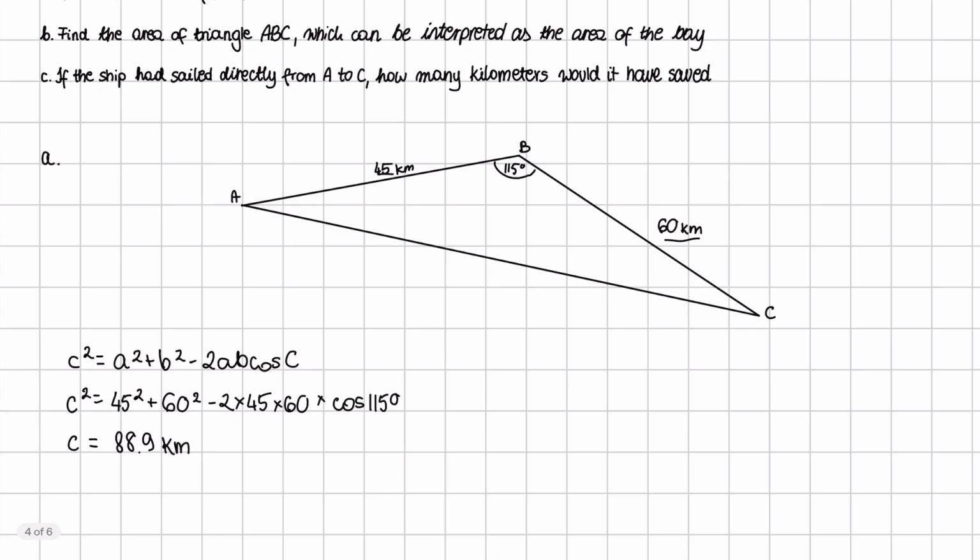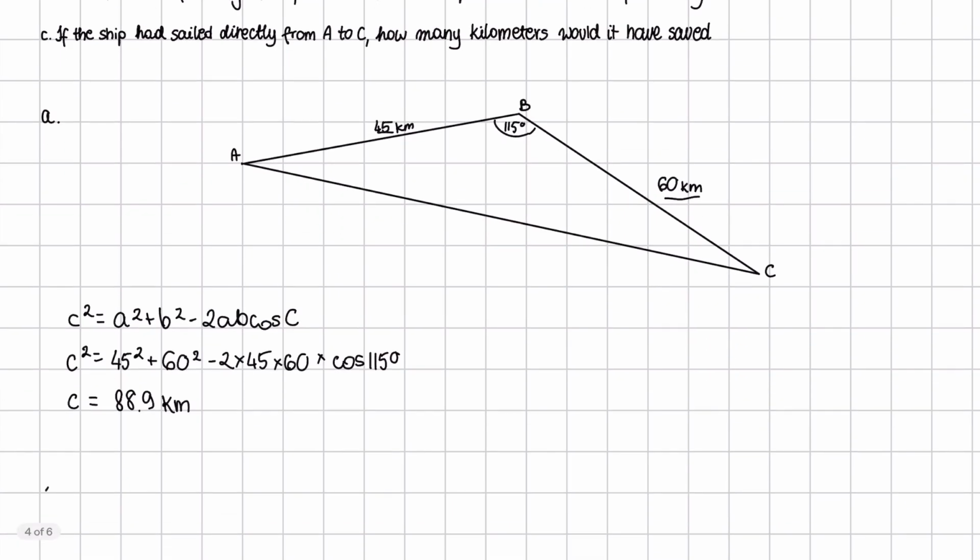B, find the area of triangle ABC, which can be interpreted as the area of the bay. So here we have to use our area of a triangle formula from the booklet.